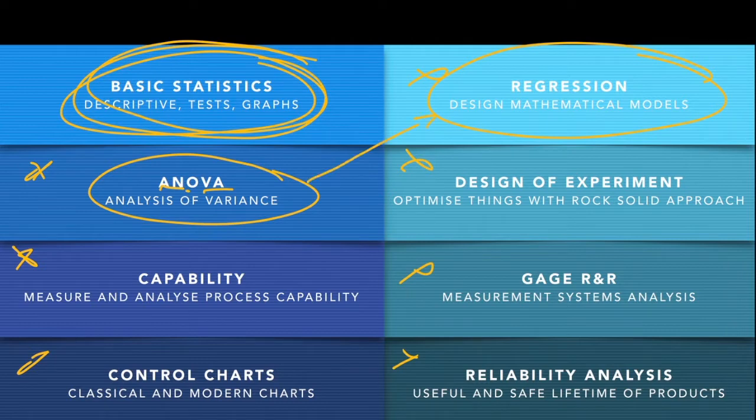And ANOVA and regressions are strictly connected one to the other because ANOVA will let you understand in a scientific way which variables are important in order to design a mathematical model, which then will be actually a regression model, to describe your process. Well, basically, ANOVA and regressions are a mathematical model itself.